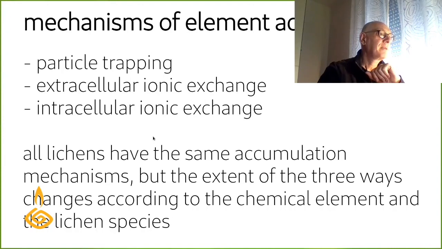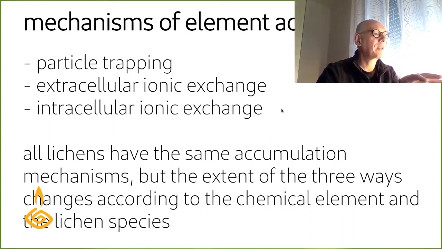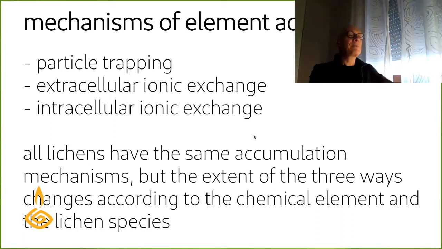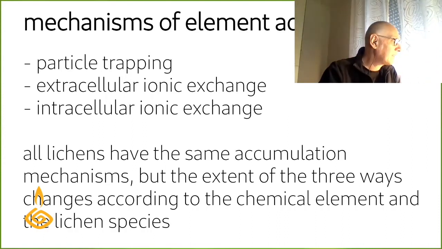This is the proportion of the pollutants which can actually be toxic because they enter the protoplasm. So all lichens have the same accumulation mechanisms, but the extent of the three ways is different based on the elements and based on the lichen species. There are different approaches for any lichen species and for any element to be considered.